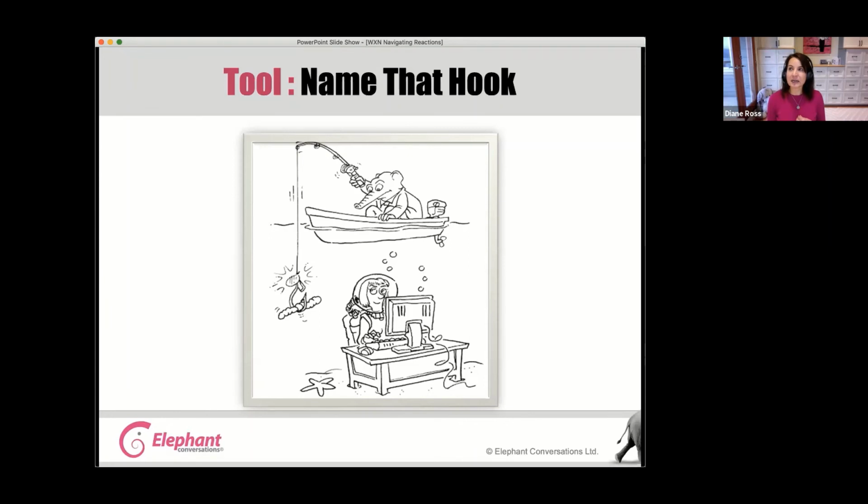So I want you to think right now about a time when you did get hooked. You ended up saying something you regretted, or you backed down. Was there a piece of it that felt like a personal attack, something you hold true and dear to yourself? Does that make sense?